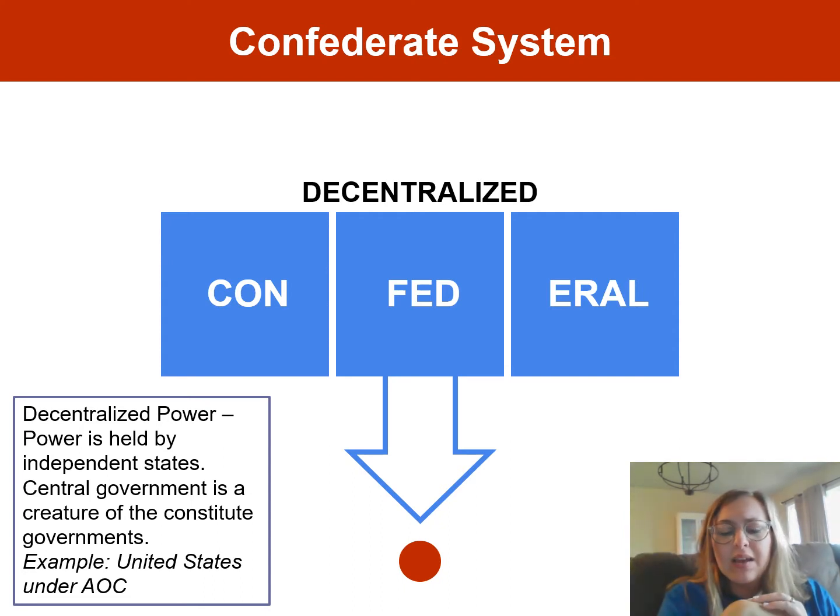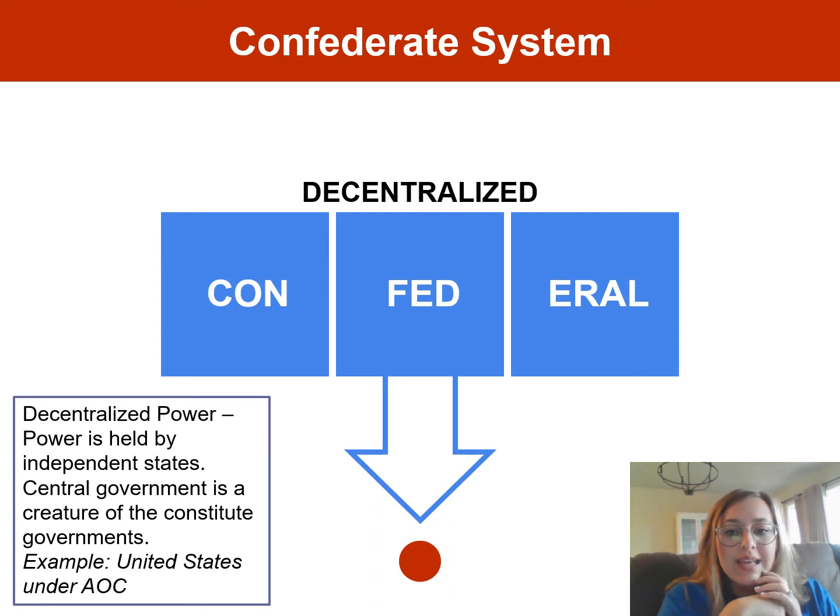Like under the Articles of Confederation, our national government can declare war together, those sorts of things. But there's not many modern day examples of these confederal systems because they just don't work in practice.